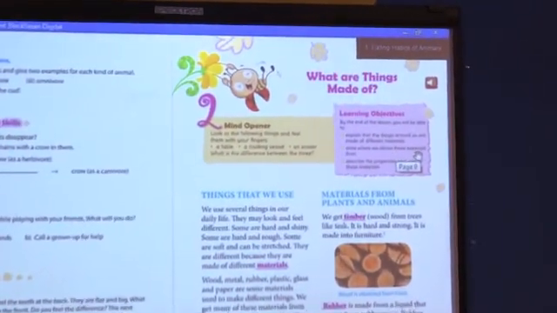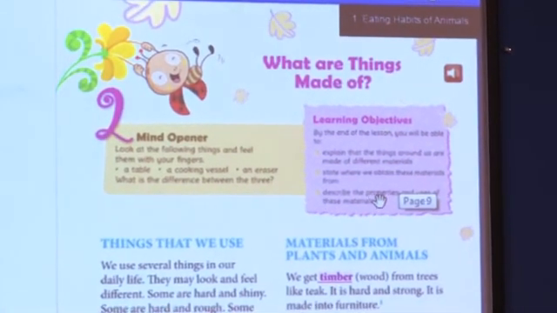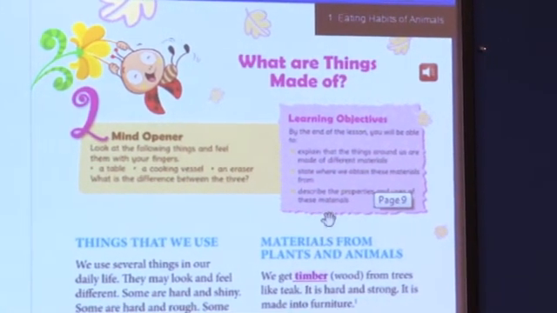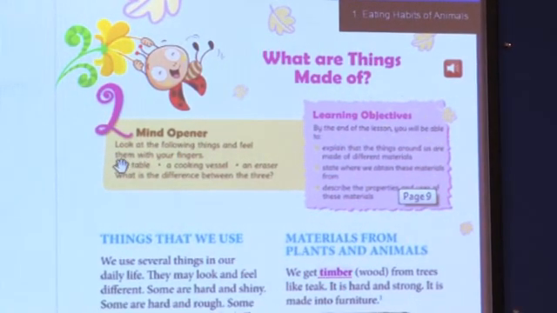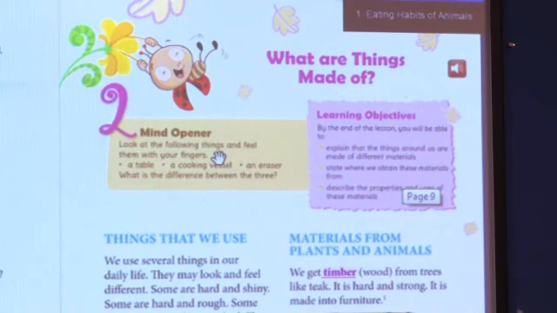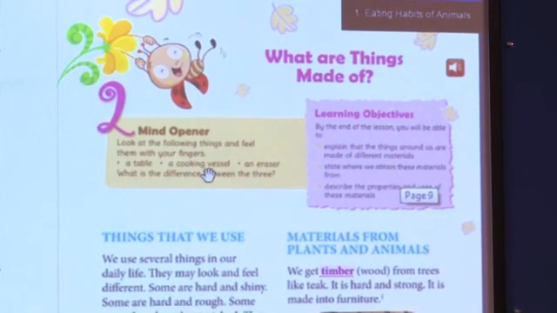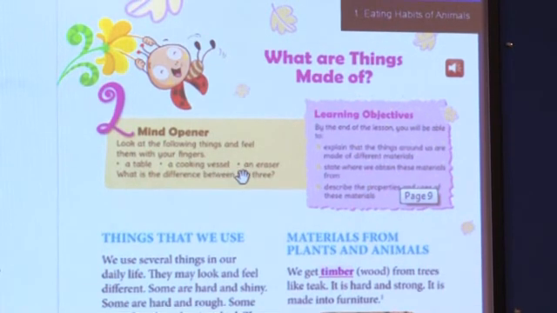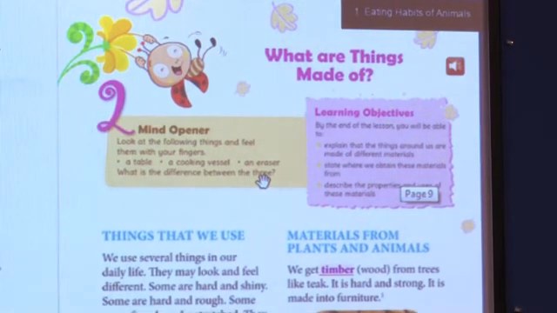State where we obtain these materials from. Describe the properties and uses of these materials. Mind opener. Look at the following things and feel them with your fingers. A table, a cooking vessel, an eraser. What is the difference between the three?